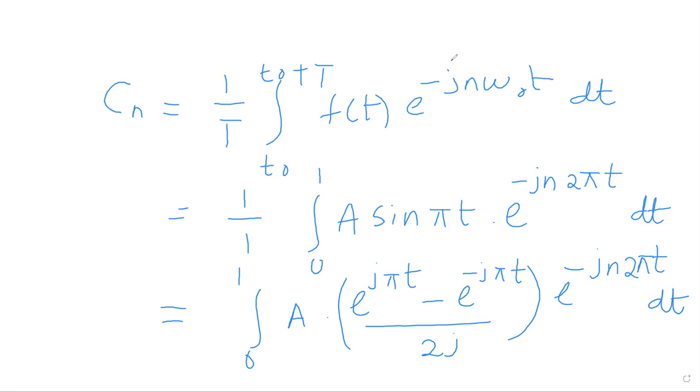Now since they are in exponential form, we can multiply them and add their powers. So the next part would be equal to A by 2j, which I am taking outside, and the remaining part integration 0 to 1.